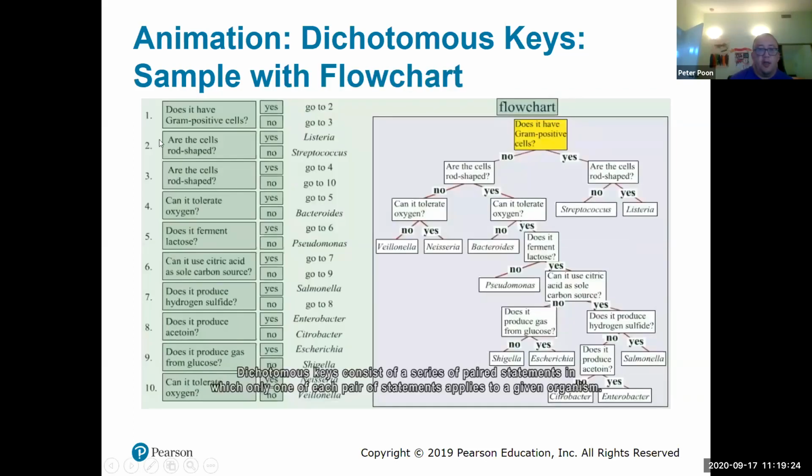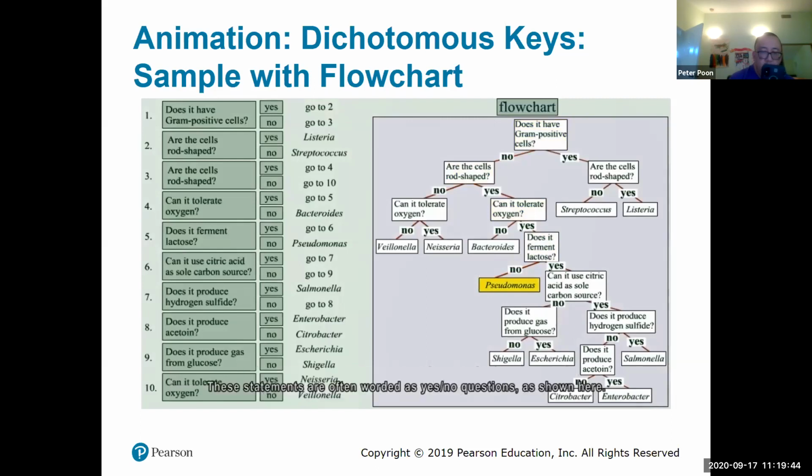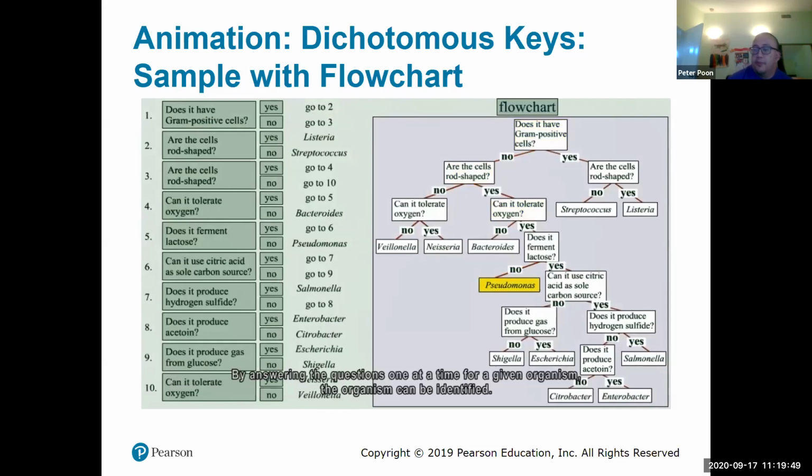These statements are often worded as yes-no questions. By answering the questions one at a time for a given organism, the organism can be identified. Flowcharts can be constructed for dichotomous keys, showing the relationships between the different statements.